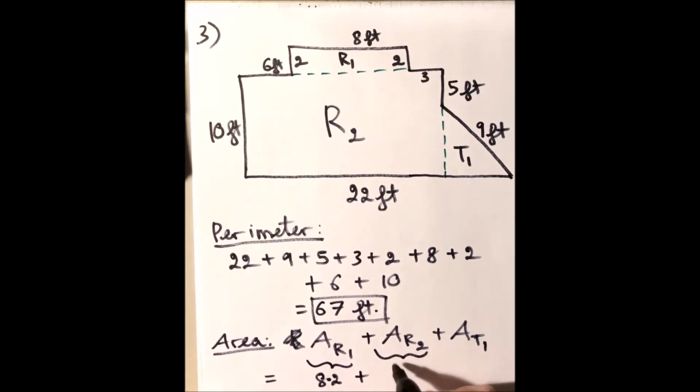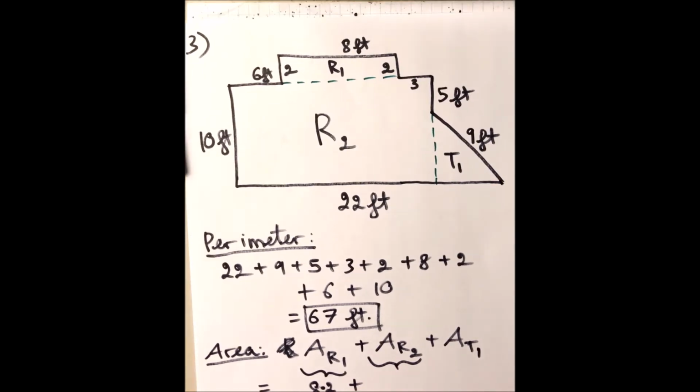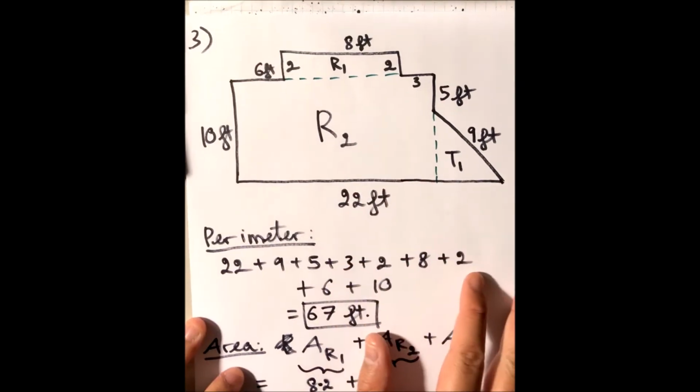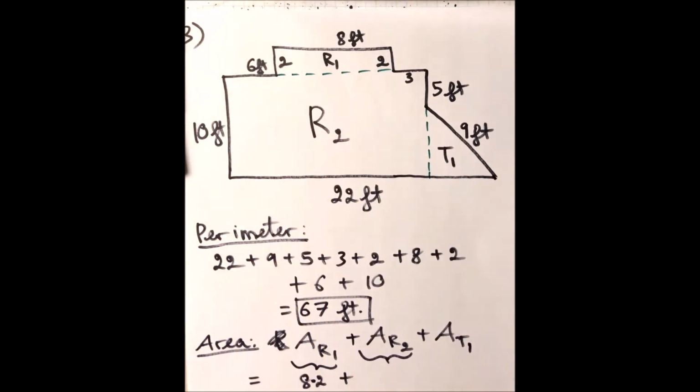For the area of the second rectangle, this is where we have to be a little careful because we already cut this irregular shape into different pieces. So we have to label all the sides, which I should have done at first, but oh well, let's do it right now.